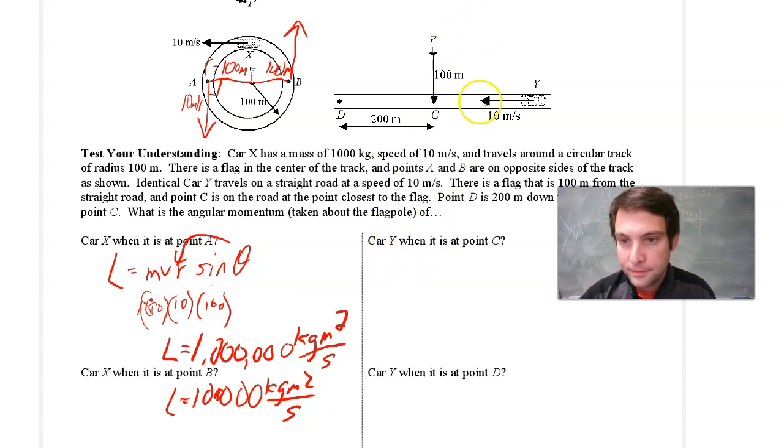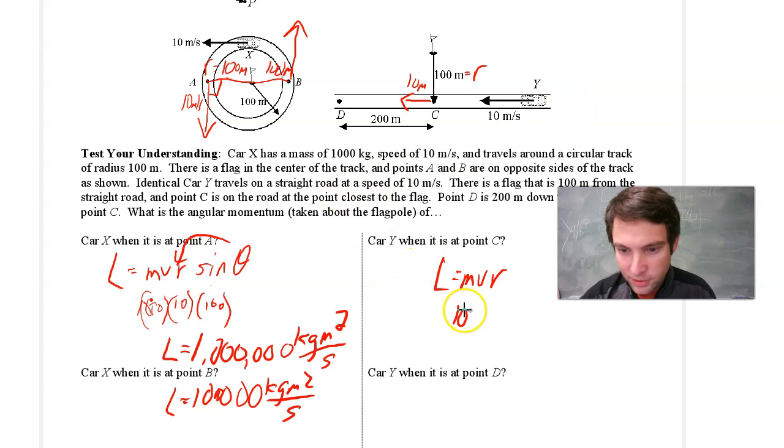Car Y. Car Y, the straight line. When it's at point C. All right, so when we're at point C, our velocity is going to be this way, 10 meters per second. This 100 meters from the flag is going to be the R. So when we put in L equals mvr, what's the mass of this thing? Y, 1,000.